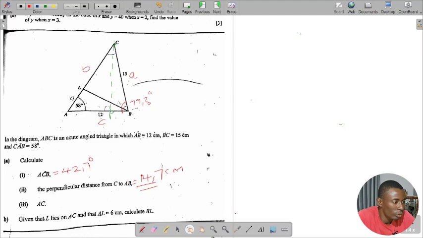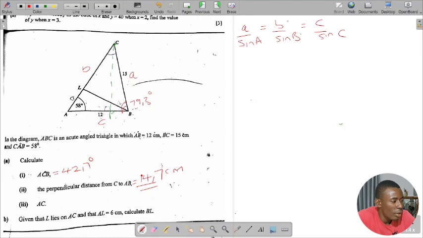We're going to use cosine, but let us use sine rule. So we are finding sides, like I said previously. When you are finding sides, you start writing small letters at the top. So we say a over sine A is equals to b over sine B is equals to c over sine C, and we have to find side b.